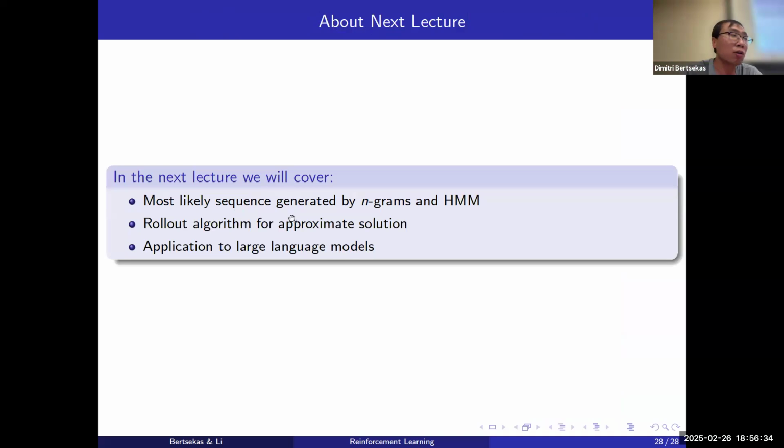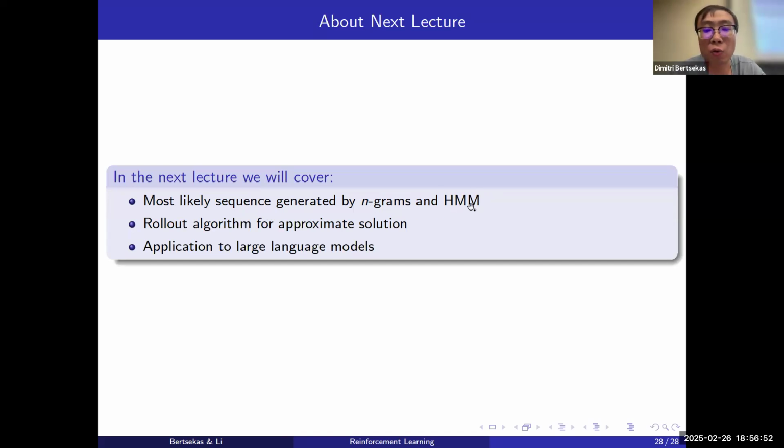Okay, that concludes our lecture today. In the next lecture, we will cover a new application, which is computing the most likely sequence generated by an n-gram. That is the model we use to model large language models.